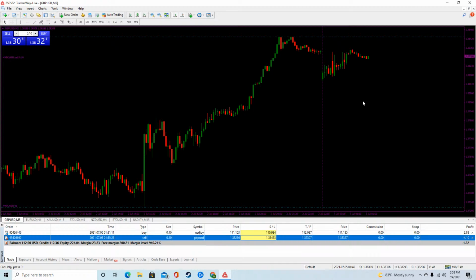But GBP is fighting us right now, which in my opinion will tank. It's probably just filling up this gap because it's a new day, so we'll have to give it some time.